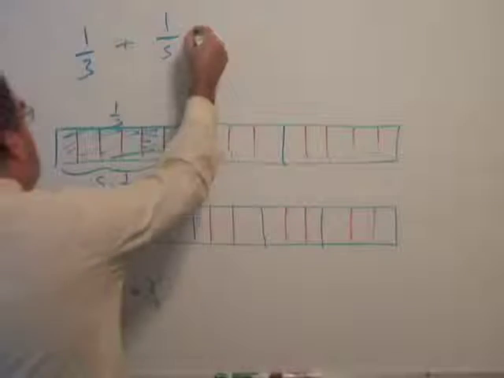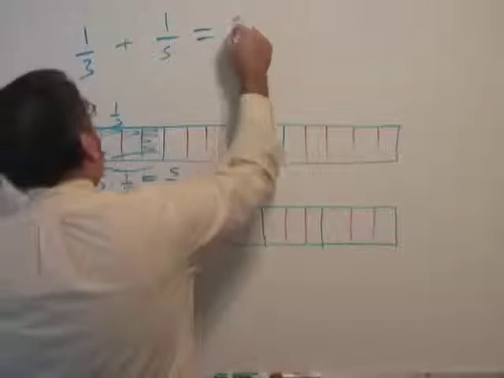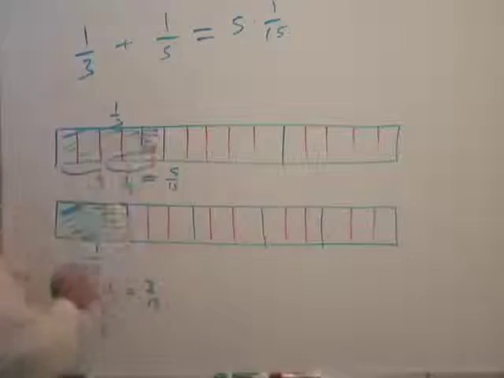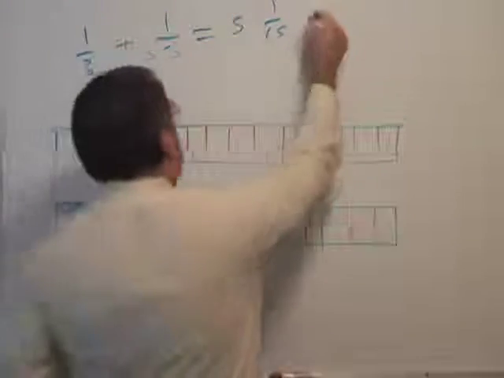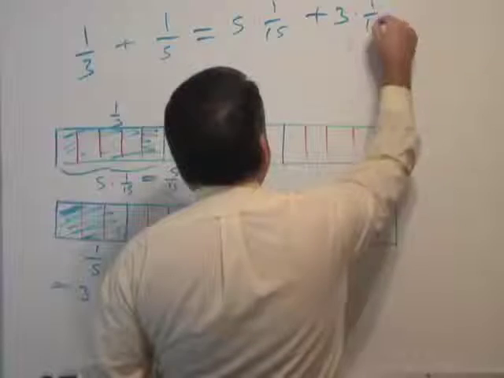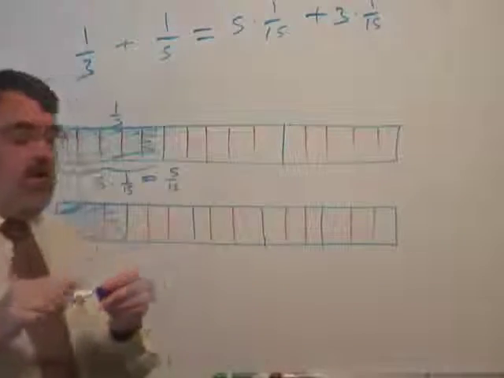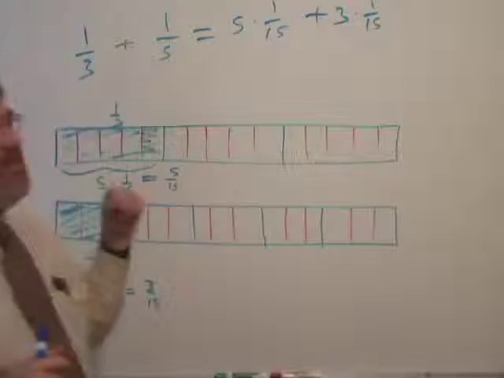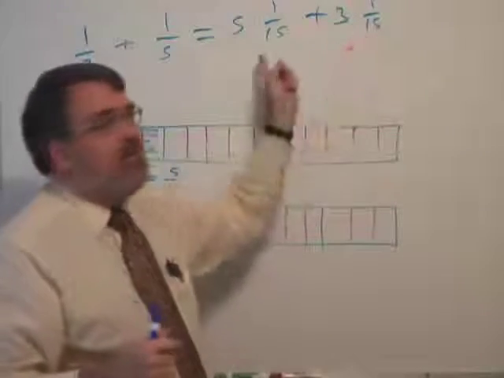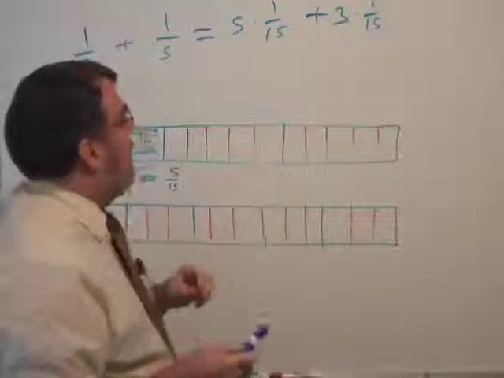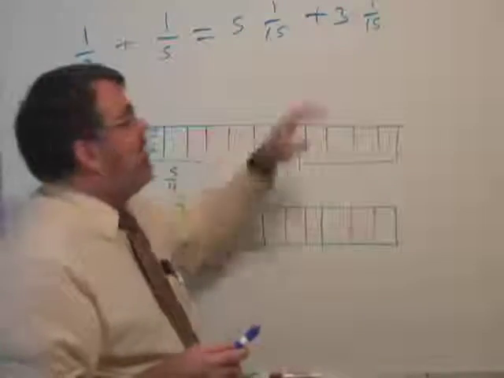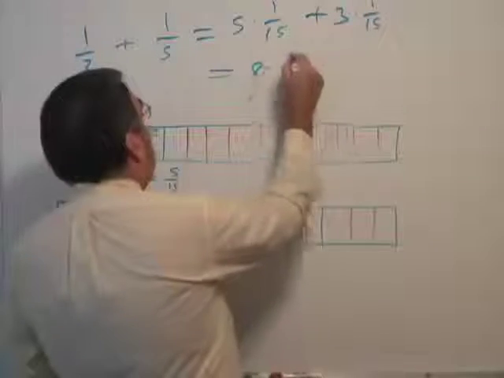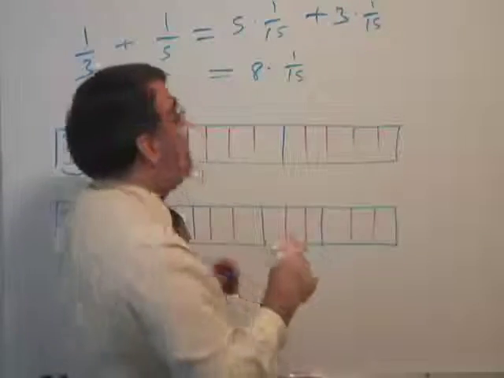So literally, we have 5 of those 1/15 pieces, and we have 3 more down below, plus 3 1/15. So you see what we've done is we've changed the units so that we do have common terms, and we can combine. So I have 5 of these 1/15 plus 3 more of those 1/15 is 8 of those 1/15 pieces.